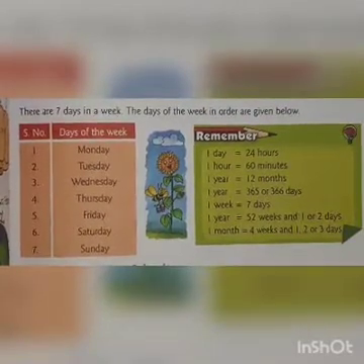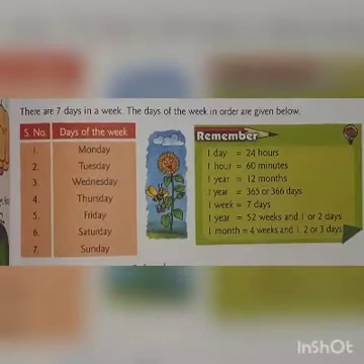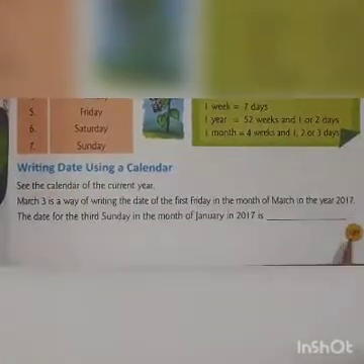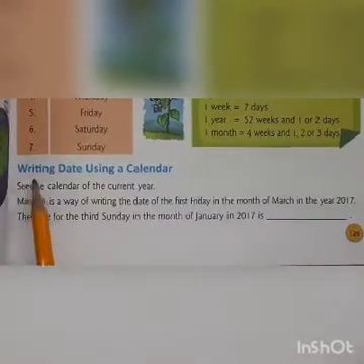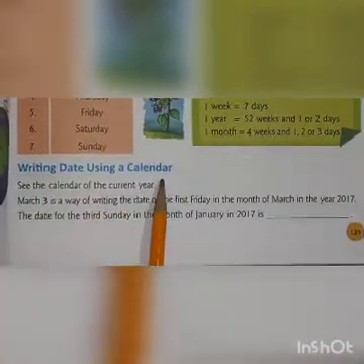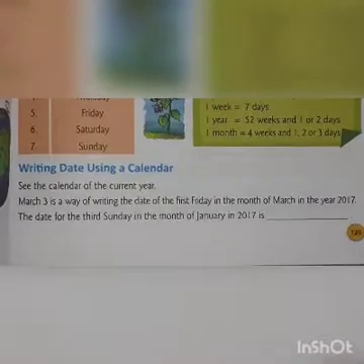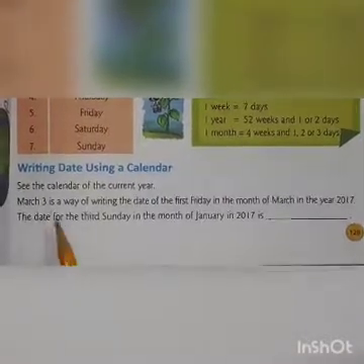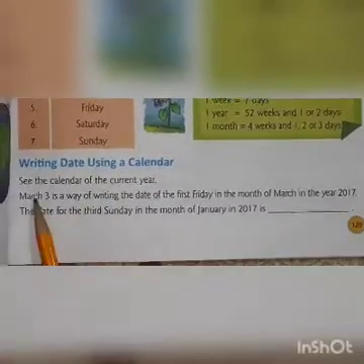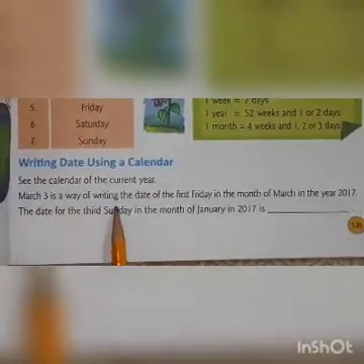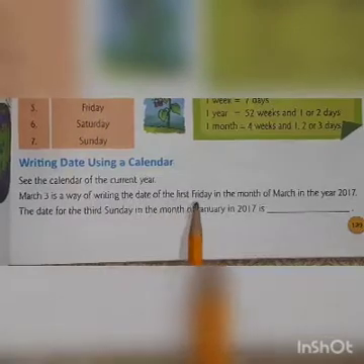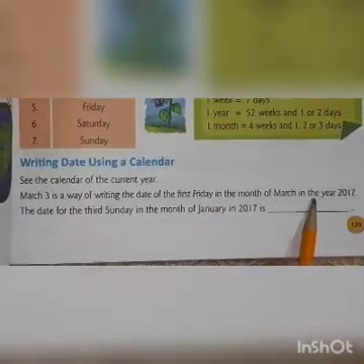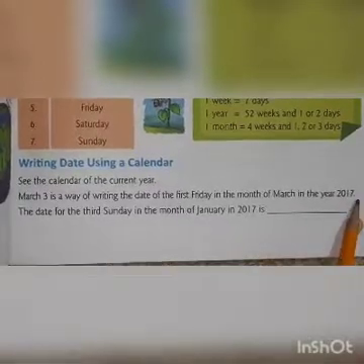So you have to open page number 129. On page number 129, there is writing date using a calendar. You have to take a pencil in your hand. See students, March 3 is a way of writing the date of the first Friday in the month of March in the year 2017.